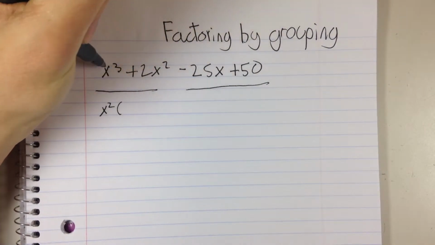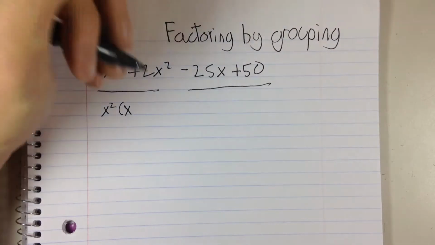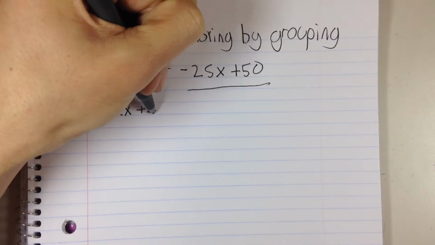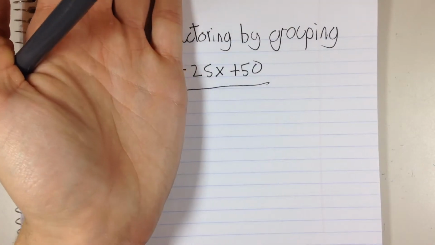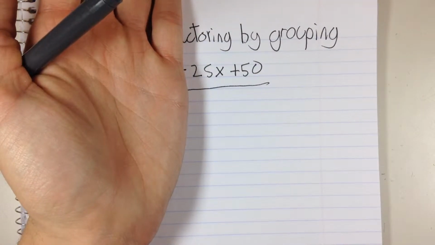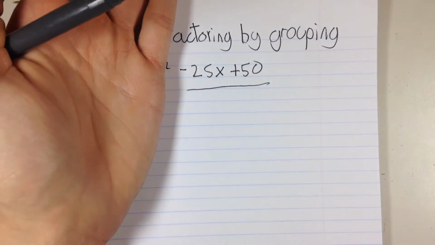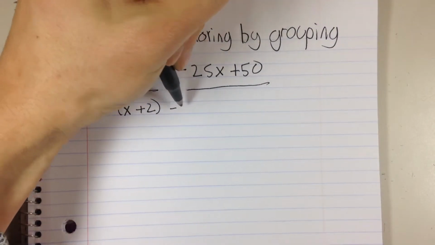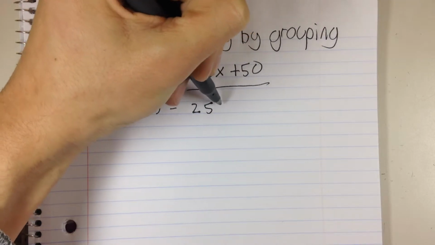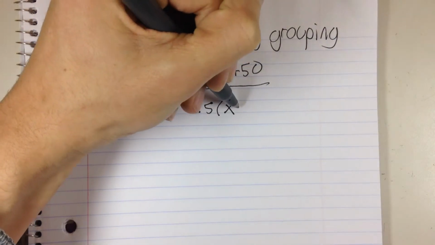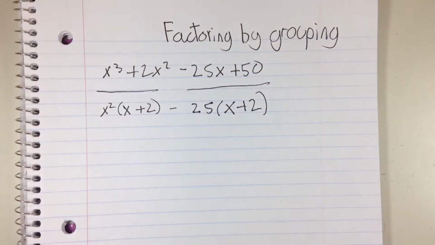So then we're left with x here and 2 here. So we have an x plus 2. And for the second term, we can pull out a 25. And when we do that, we are left with an x plus 2.